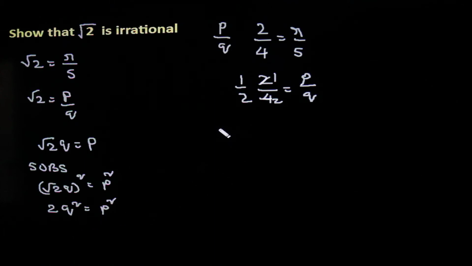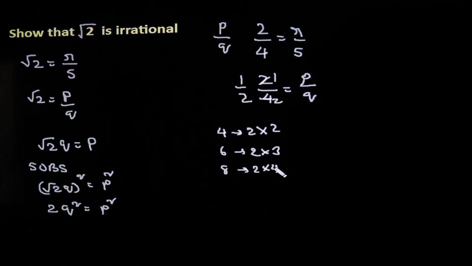See this example. 4, 6, 8 can be expressed as the product of 2 into 2, this is 2 into 3, this is 2 into 4. All the numbers which are divisible by 2 have a factor 2. If a number can be expressed as 2 into something, it is divisible by 2.